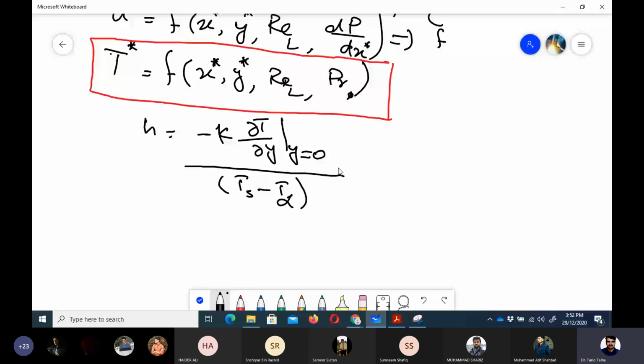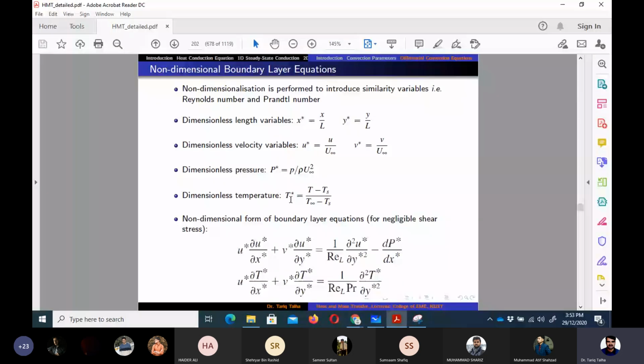Okay, thank you. So now I need to get T star here somehow, because we have written it in terms of T star, which is non-dimensional temperature. So if I go back and see how I did the non-dimensionalization, T star is equal to T minus Ts divided by T infinity minus Ts. If you remember this, T minus Ts.